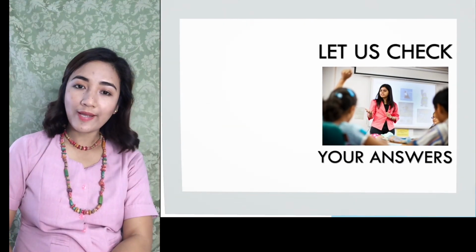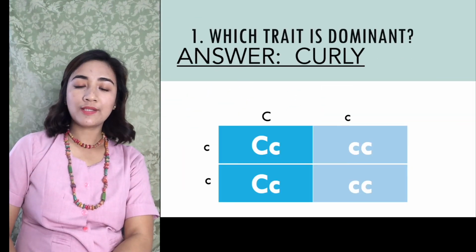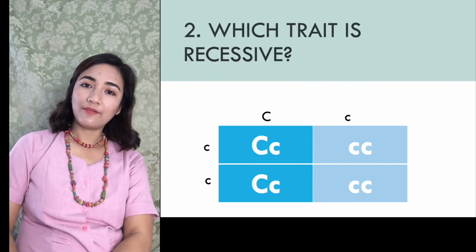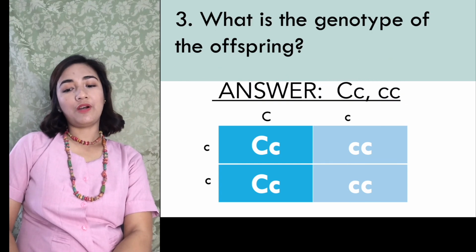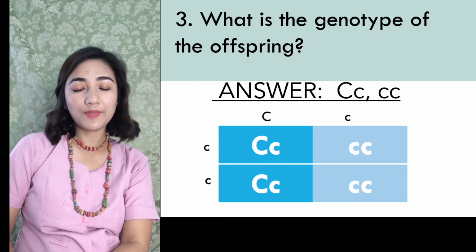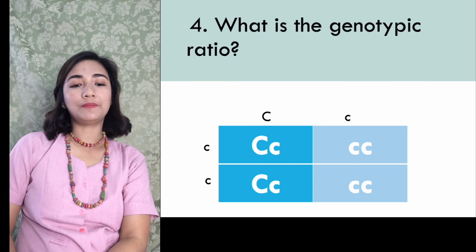Okay, let's check your answers. For number 1, which trait is dominant? The answer is curly. Number 2, which trait is recessive? The answer is straight. What is the genotype of the offspring? So the answer is heterozygous curly and homozygous straight. So what is the genotypic ratio?